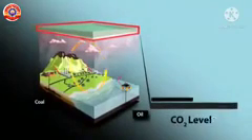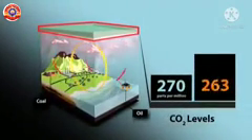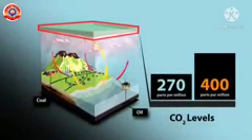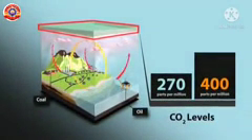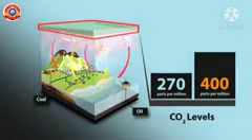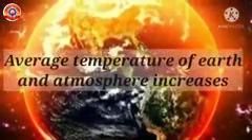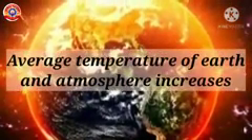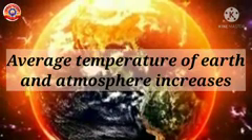We know that too much of something is bad, right? So, in the case of Earth, the amount of greenhouse gases present in the atmosphere is still increasing, and they trap too much heat. Over the last 2 centuries, human activities have changed the Earth's atmosphere in a dramatic way. As a result of this greenhouse effect, the average temperature of the Earth and atmosphere increases.